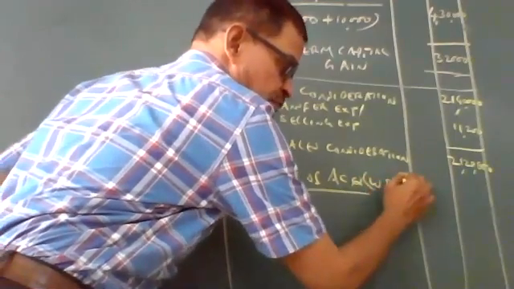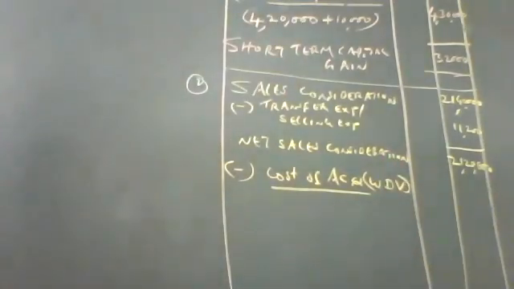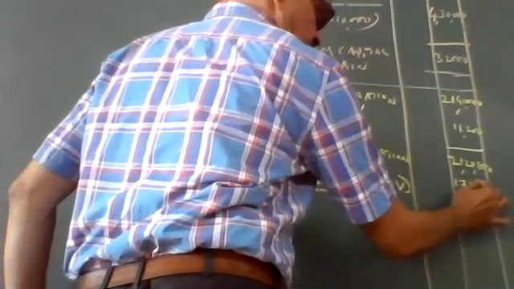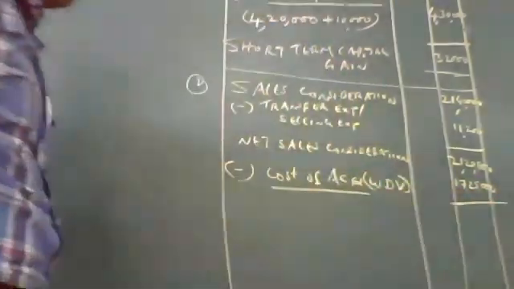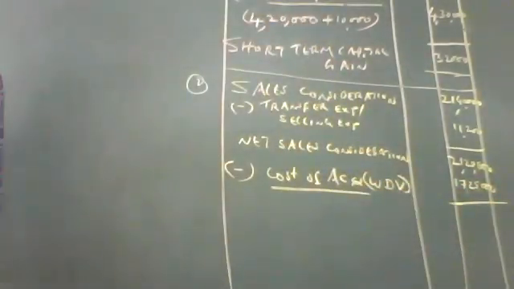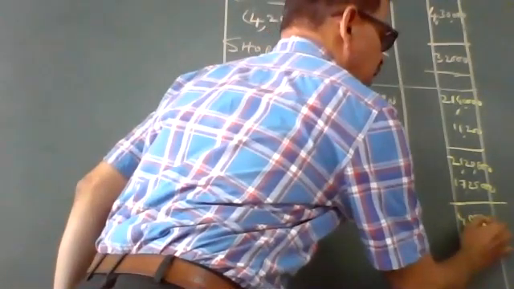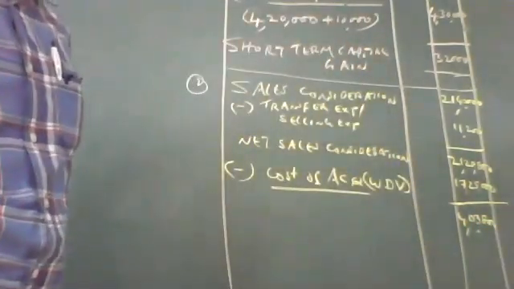This is the written down value of the cost of acquisition, 17 lakhs 25,000. Subtract 17 lakhs 25,000 from 21 lakhs 28,800. That gives 4,03,800. This is the short-term capital gain.